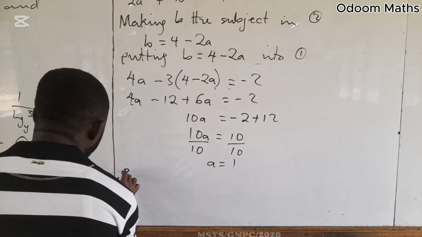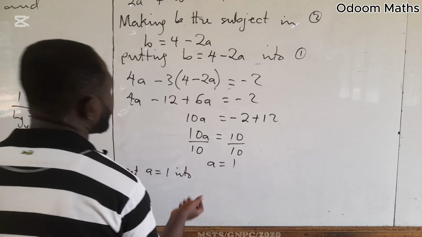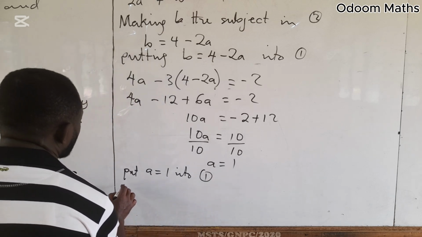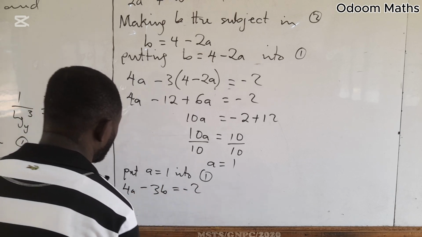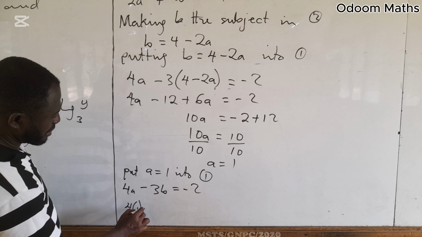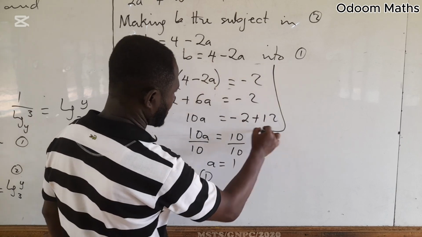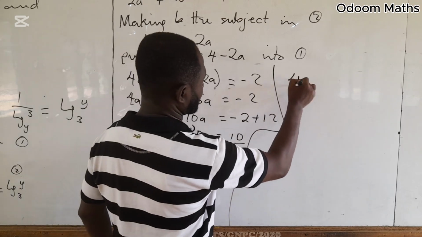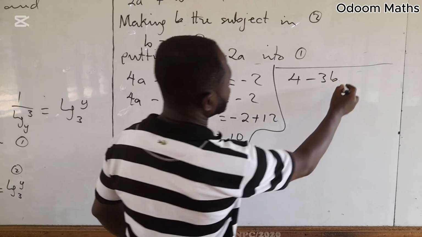So now put a equals 1 into any of the two equations. Equation 1 is 4a minus 3b equals negative 2. Where I see a, I put 1, so this becomes 4 into bracket 1 minus 3b equals negative 2. 4 times 1 becomes 4, minus 3b equals negative 2.